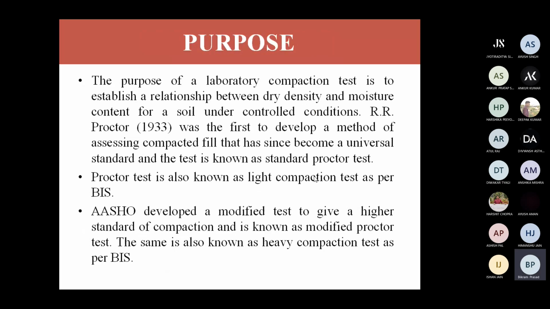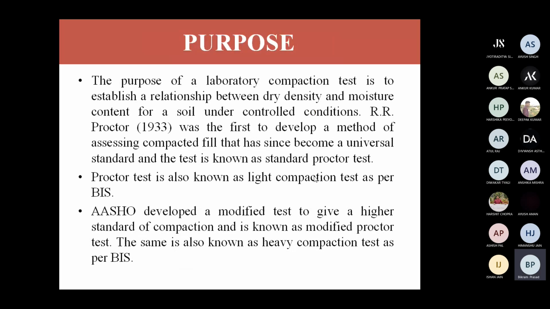So what is the purpose? The purpose of a laboratory compaction test is to establish a relationship between dry density and moisture content for a soil under controlled conditions. R. Proctor in 1933 was the first to develop a method of assessing compacted fill that has since become a universal standard, and the test is known as the standard Proctor test.